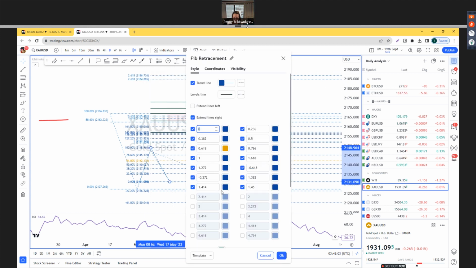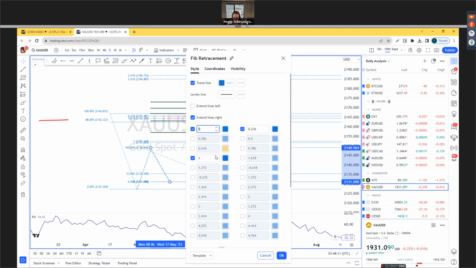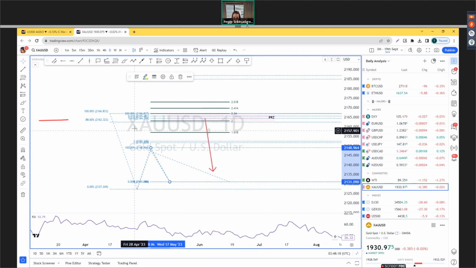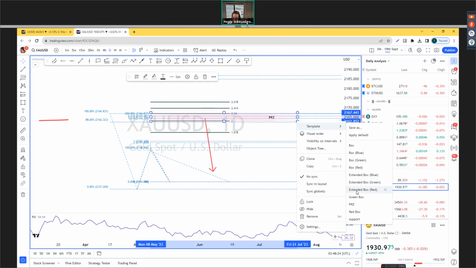Then it shows you that this zone, from here to here, is the zone that you want to sell.